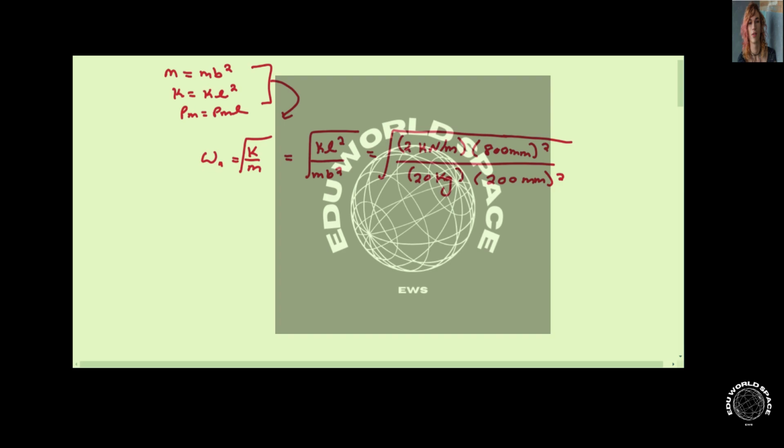And we're just going to convert these mm to meters. So 2 times 10 cubed times 0.8 squared, divided by 20 times 0.2 squared. And here we have 40 radians per second.